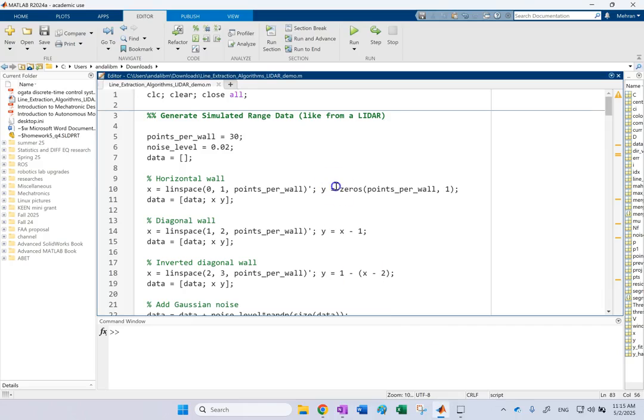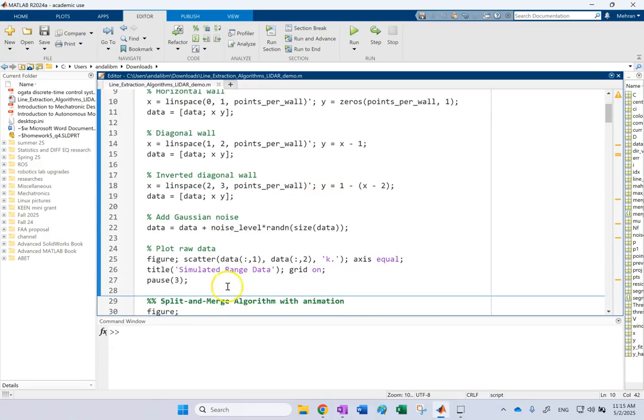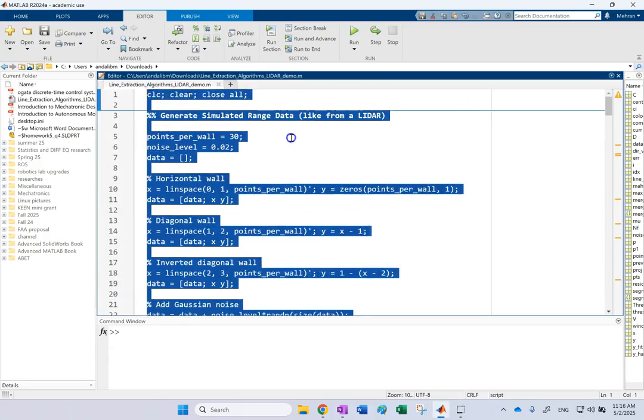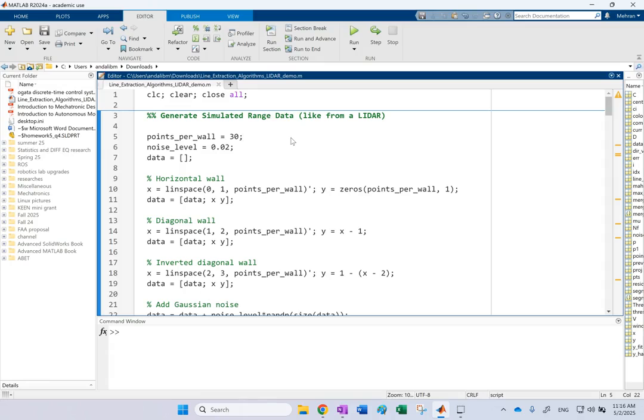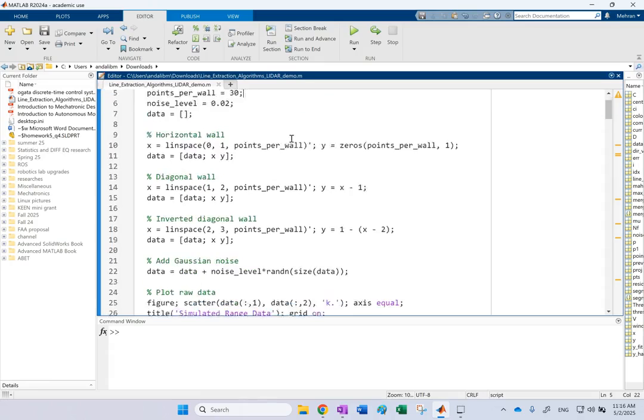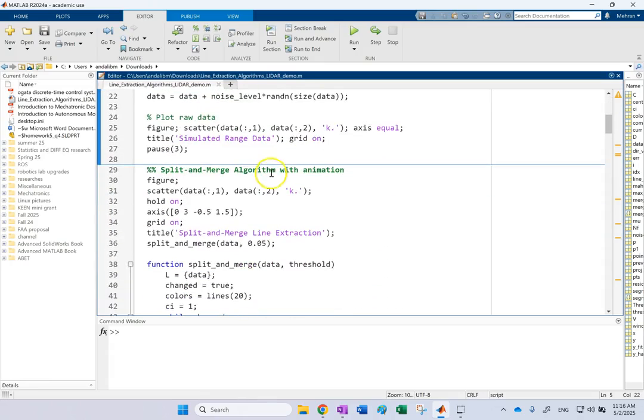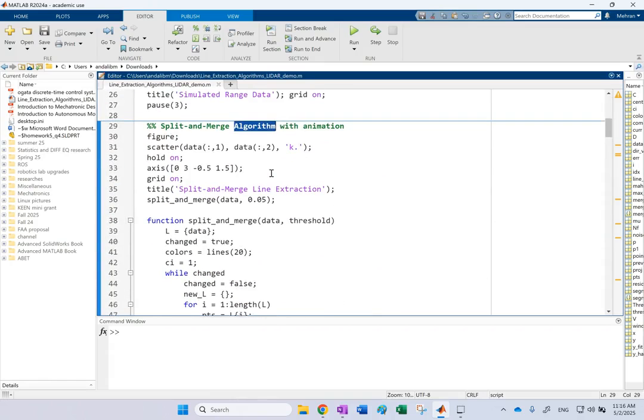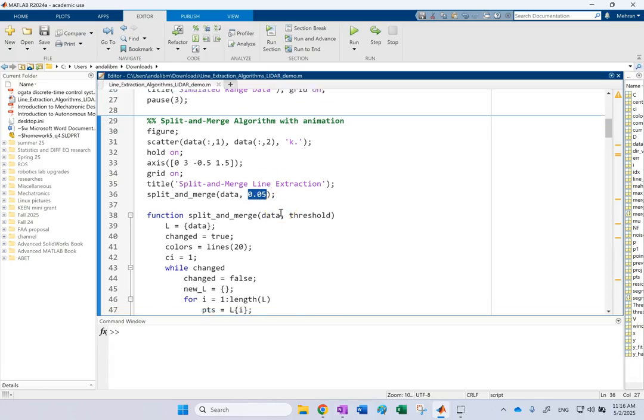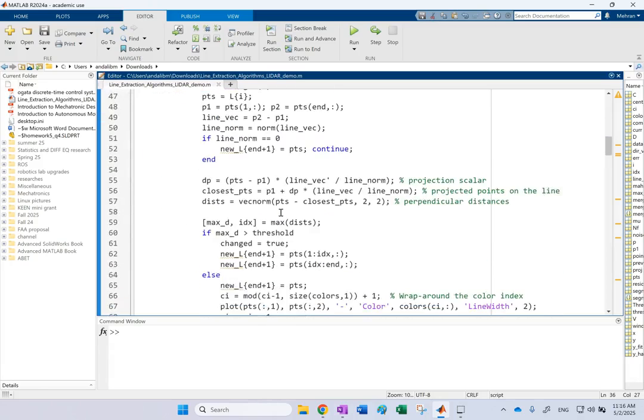So here is the code that I put together, and here I simulated some data that resembles a LiDAR scan with three walls. Then here you can see the split and merge algorithm. It has some parameters. This is the important DP parameter that you can change. It will affect the result and the speed of it big time.